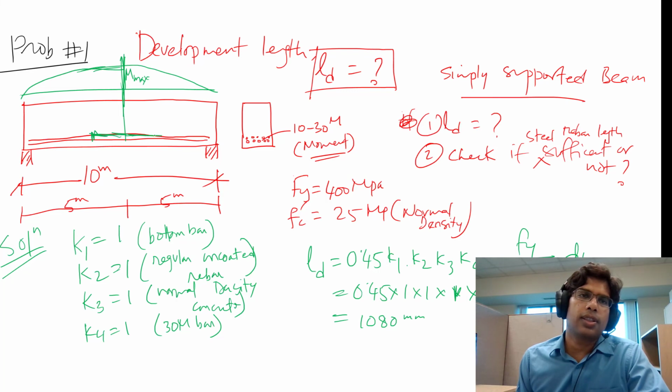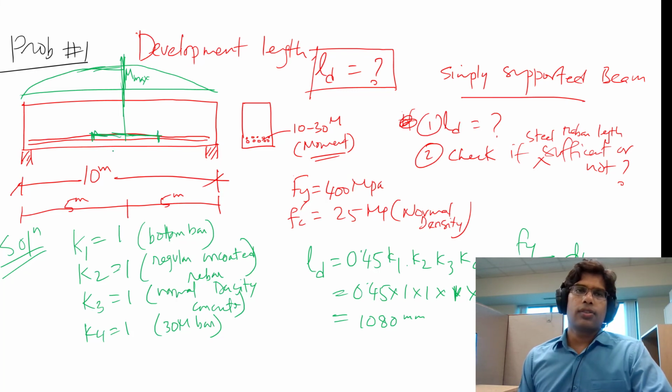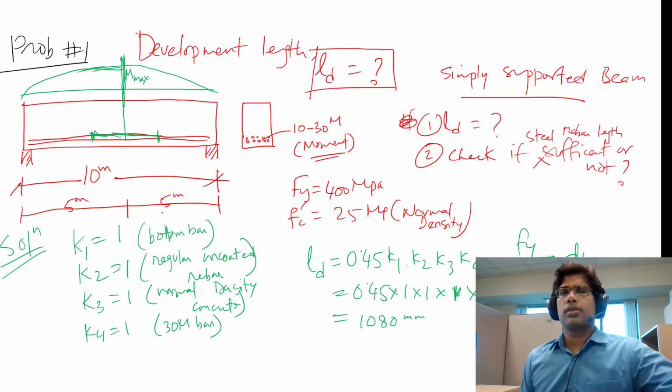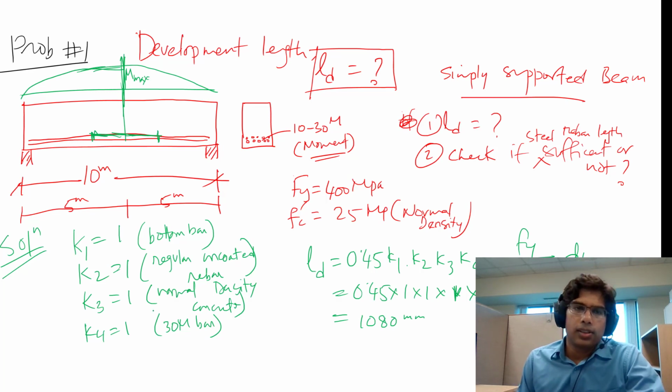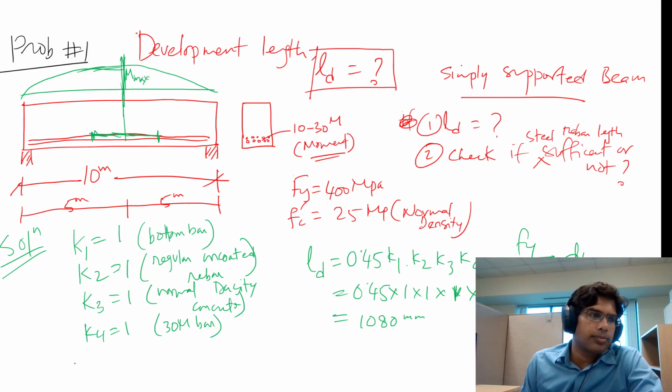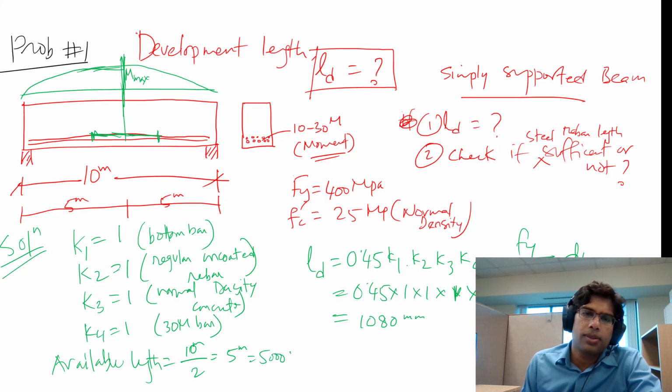For the development length, you need to go to the maximum moment at the middle and then go whatever length the steel rebar requires to achieve that strength. So the available length equals 10 meters divided by 2. It's 5 meters, which is 5000 millimeters.